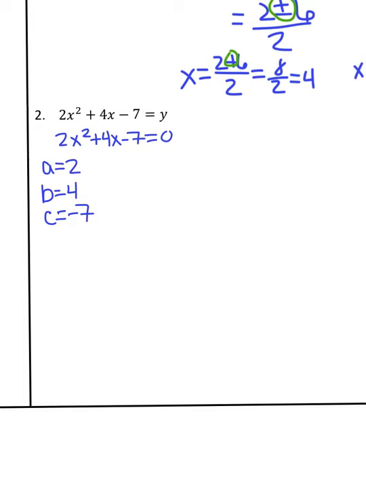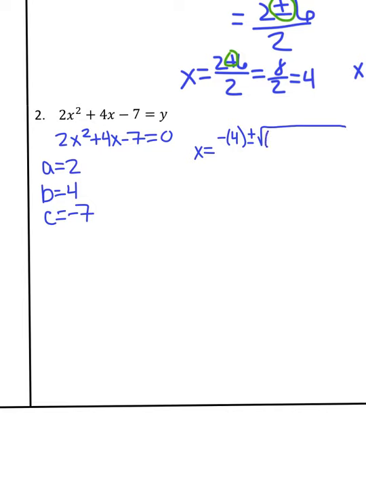So let's plug those into my quadratic formula. My quadratic formula says negative b plus or minus square root b squared minus 4ac all divided by 2a. So I'm going to do x equals negative b. So even when my b is positive, I usually put in parentheses to start with, just for consistency's sake.